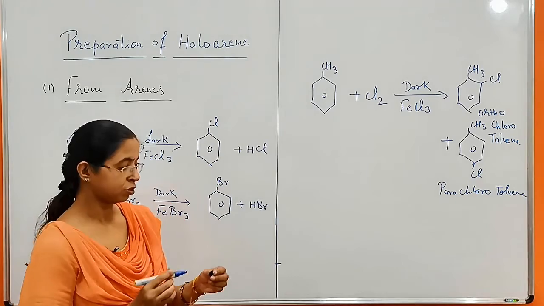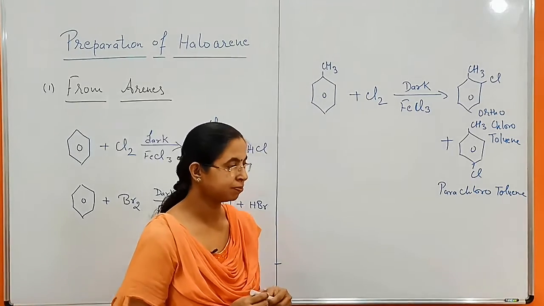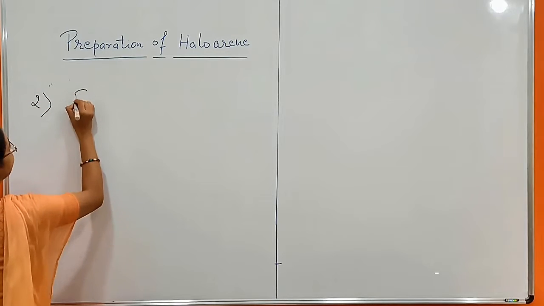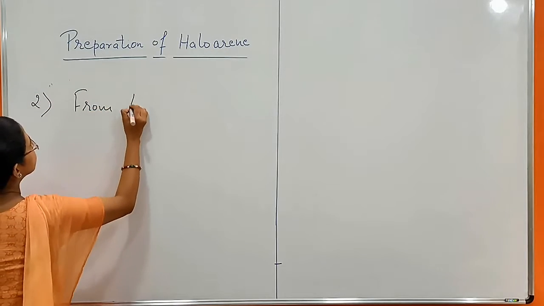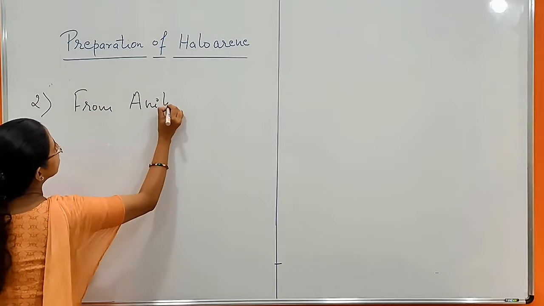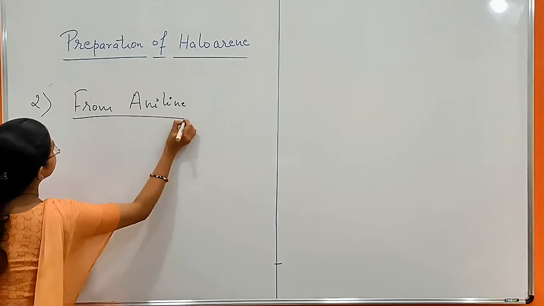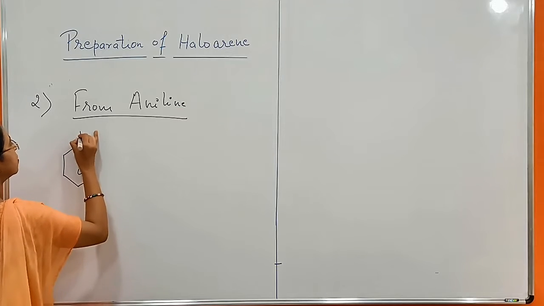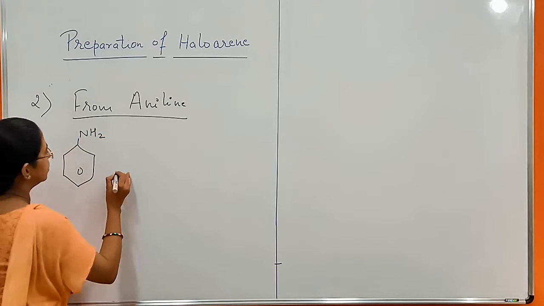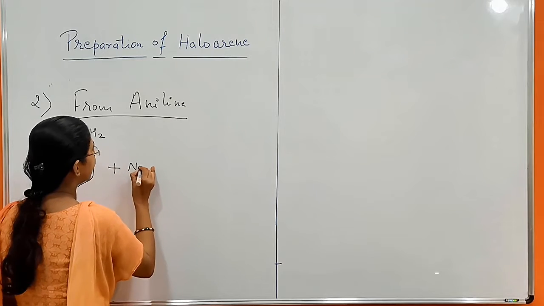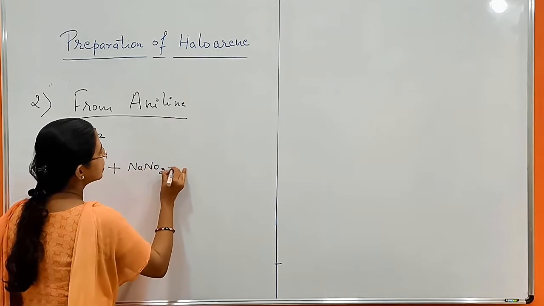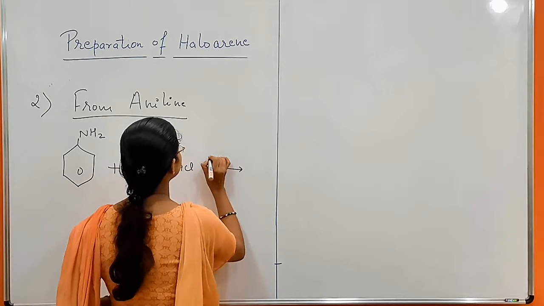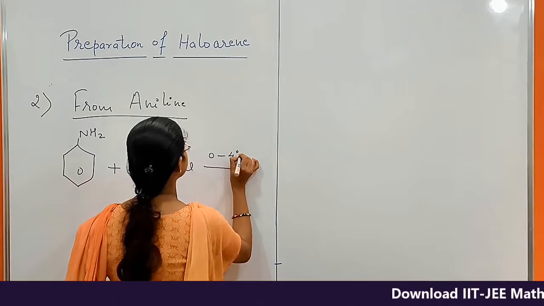Now we can move to the second reaction. Now the second reaction is from aniline. Now aniline is this compound. Now this is being reacted with NaNO2 plus HCl. And the temperature lies between 0 to 4 degrees Celsius.